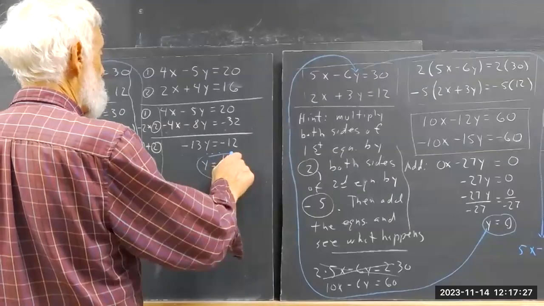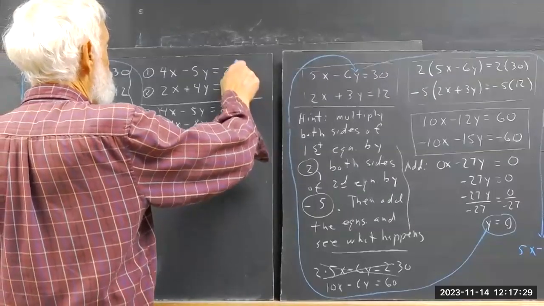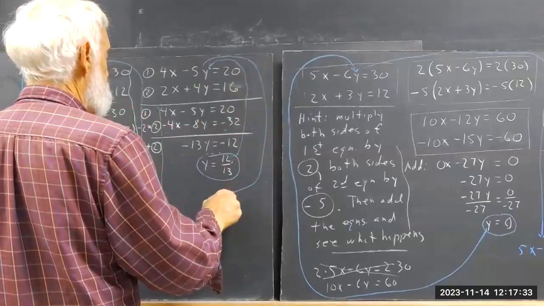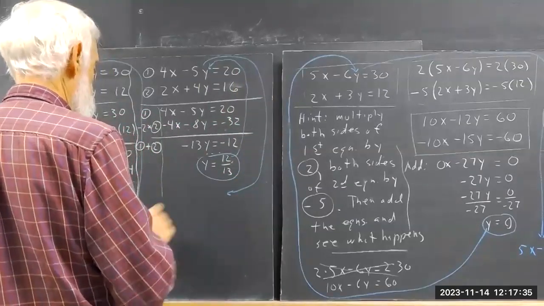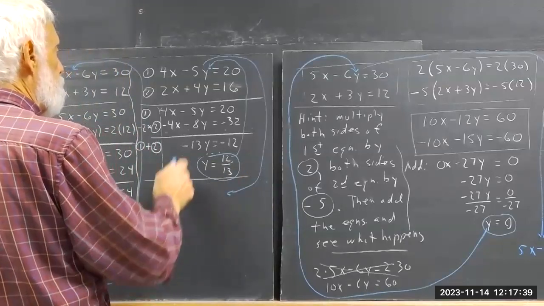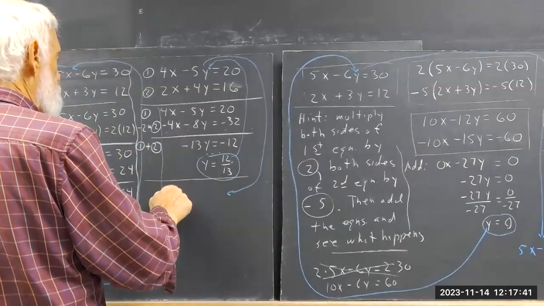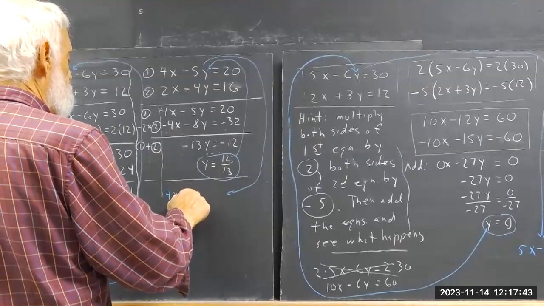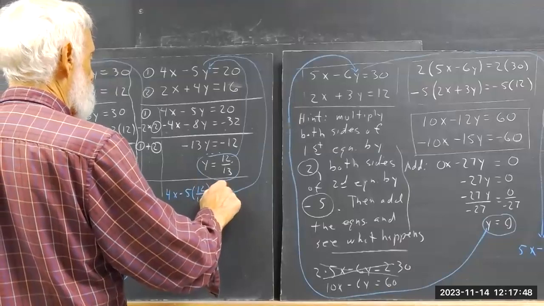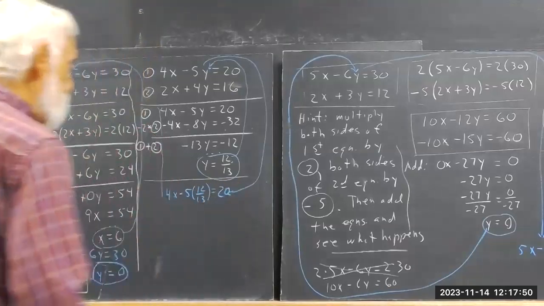Plug it into the most convenient equation. And we're solving for x. So we're going to have 4x minus 5 times 12/13 equals 20.